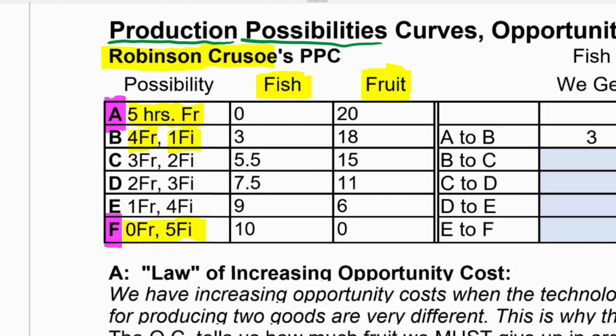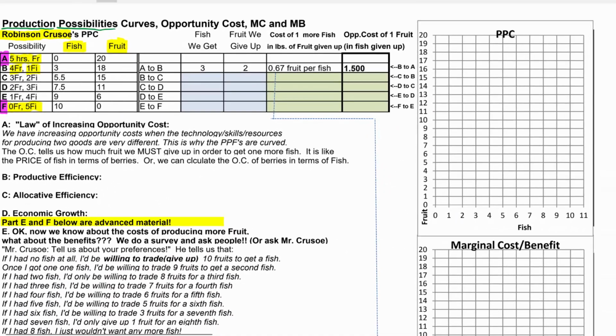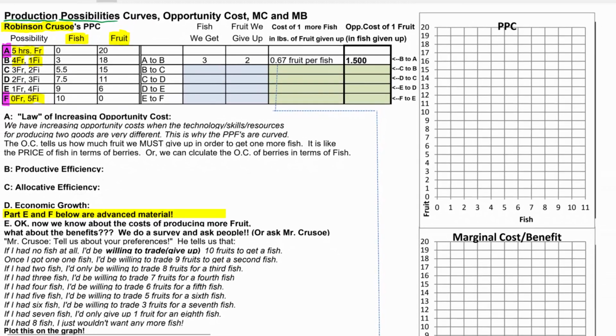So the first thing we're going to do here is graph all of these possibilities over here on this axis. On the x-axis we have fish. On the y-axis we're graphing how many fruit. And we just want to visually be able to see what are all of the possibilities that Robinson Crusoe has.